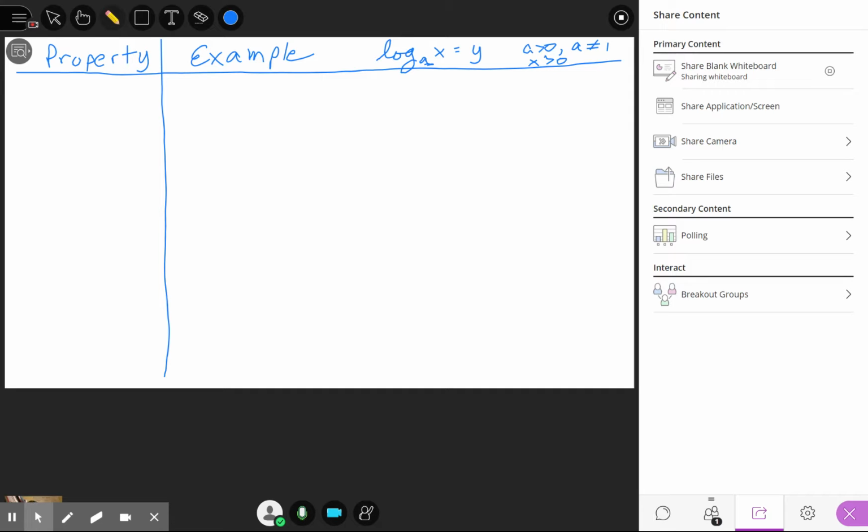All right, so the first property that we will give an example of is the product rule.